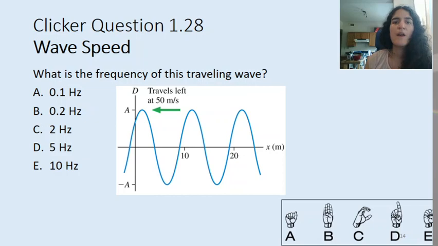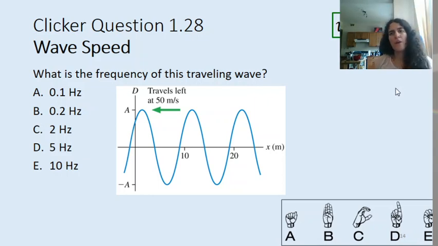Okay, so let's try another example. It says, what is the frequency of this traveling wave? Here you have a little bit different information: you have to find the frequency. Go ahead and pause, try to answer this question. Okay, if you're coming back, here again we're going to use the formula that wave speed is wavelength times frequency.